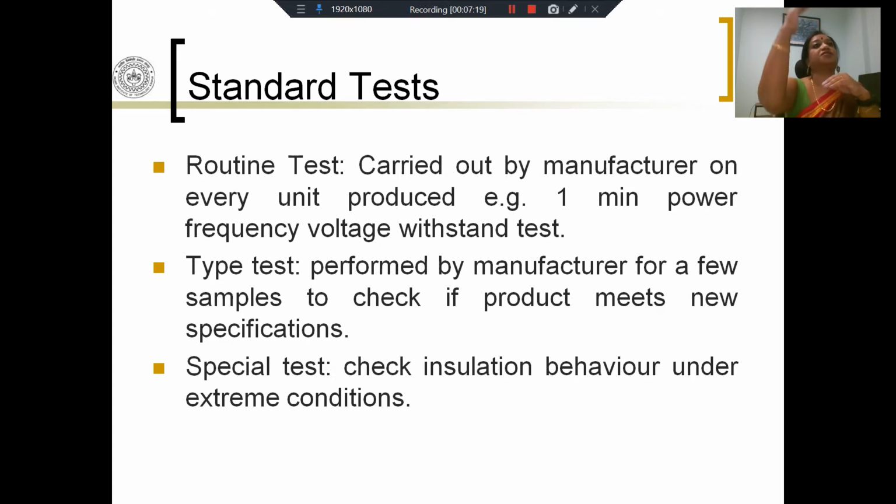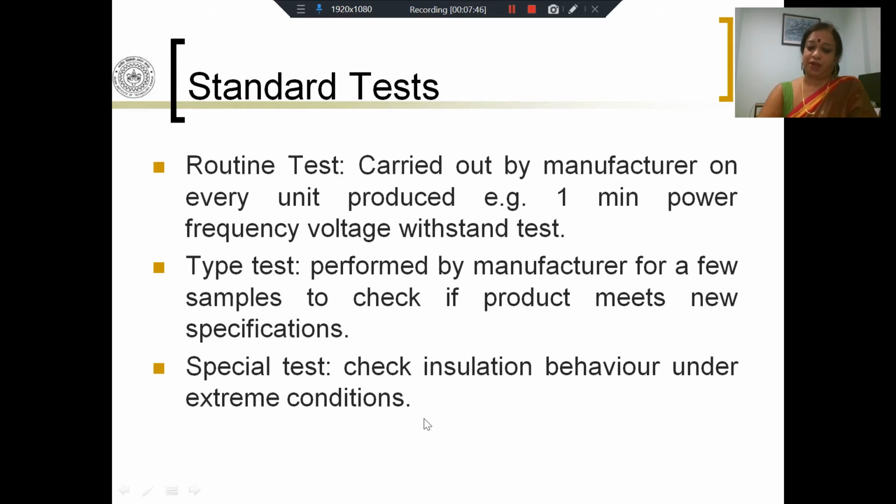So actually you have designed for a higher insulation level, and the test will be performed at a lower insulation level where there is a very high probability of withstand. But if that minimum voltage is not withstood, that means there is either a problem with the design or with the manufacturer. So this kind of routine test is carried out by the manufacturer on every unit that is produced.